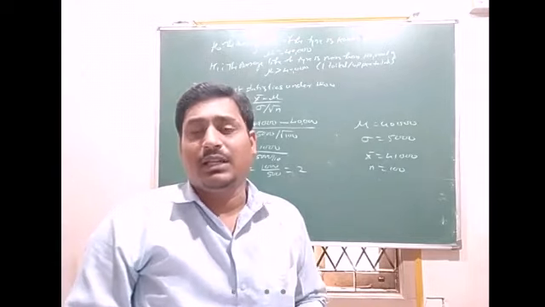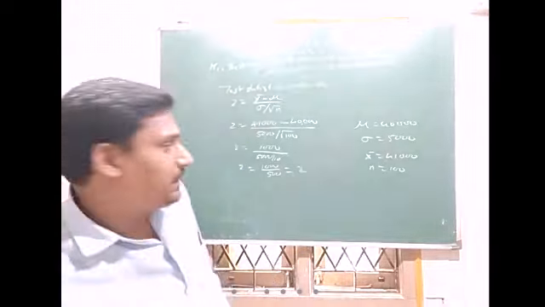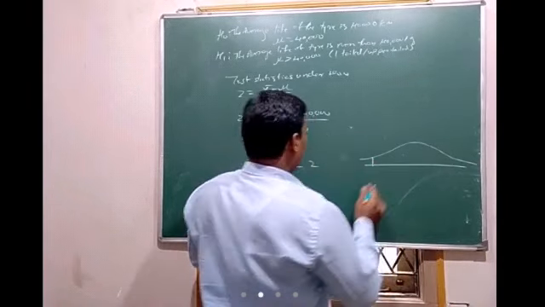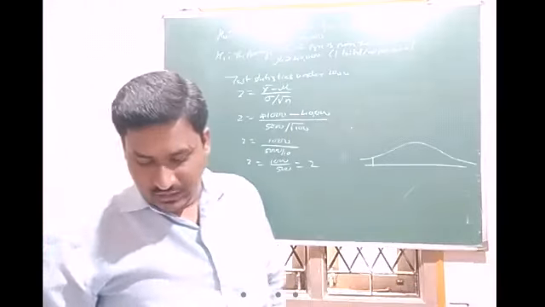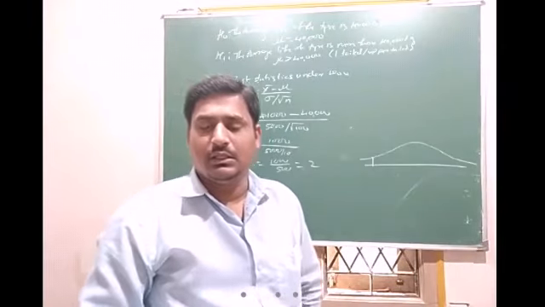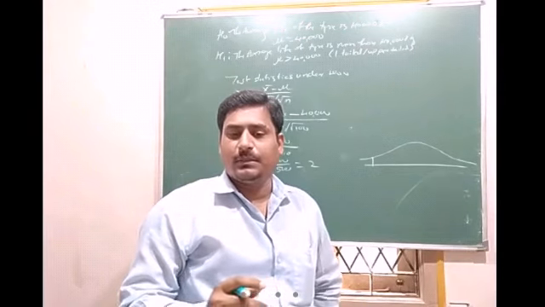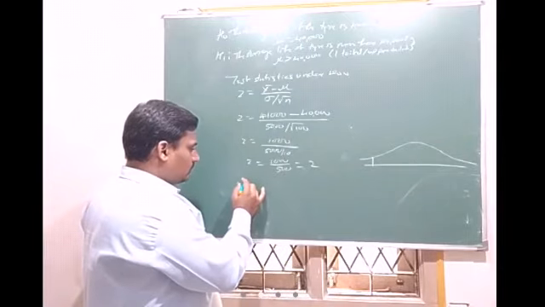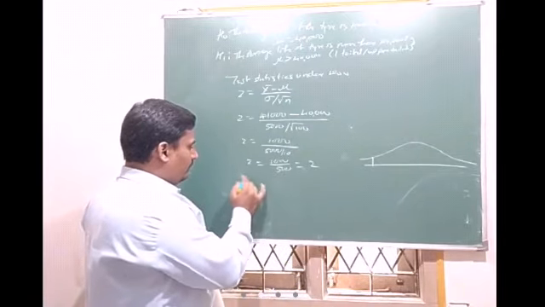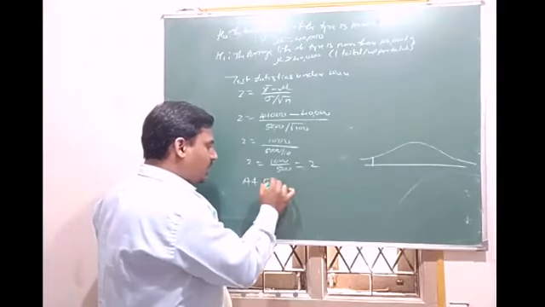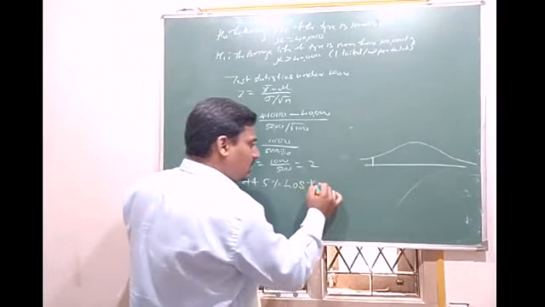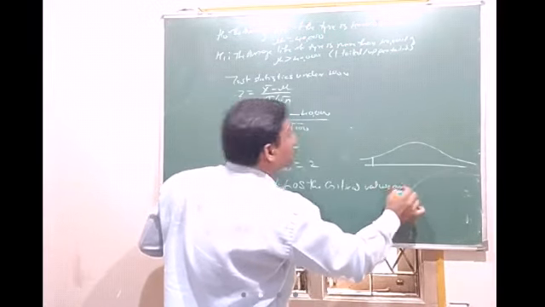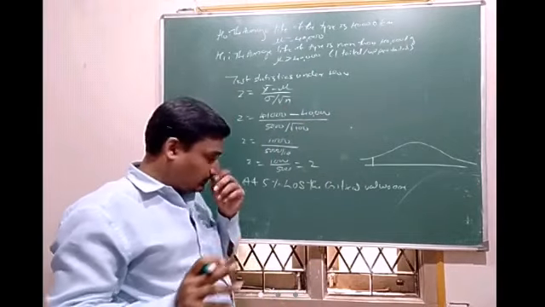Now let us check whether it lies in the critical region or acceptance region. What level of significance have they mentioned here? 5% level of significance. At 5% level of significance, the critical values are, oh sorry, it is one-tailed, no? I forgot.